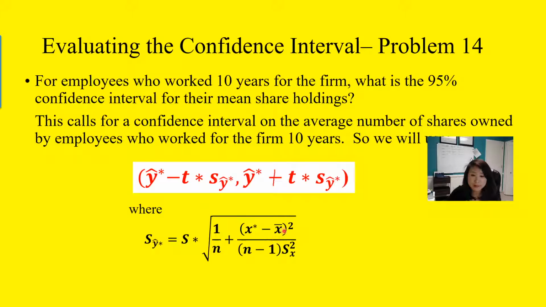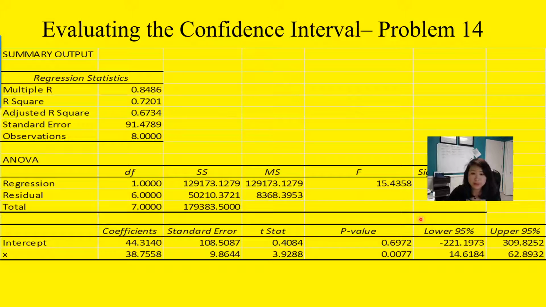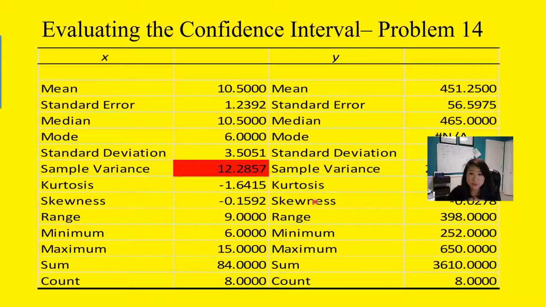And then minus the mean of x. So where's the mean of x? In computer skill 4, we mentioned that in order to get the mean of x, you need to use the skill we learned in chapter 3, the descriptive statistics, to develop the descriptive statistics for the x variable.